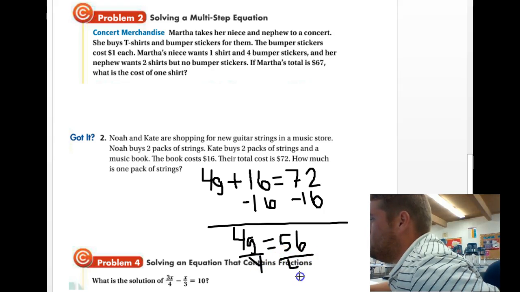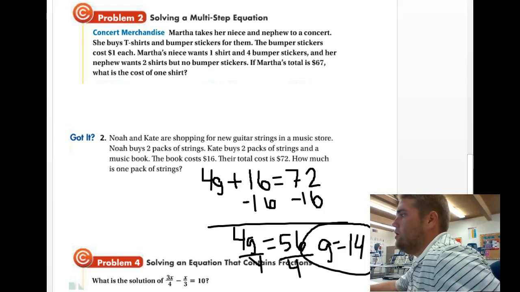Divide by 4, and we get that G equals 56 divided by 4, which is $14 a piece. So guitar strings are $14 a piece.